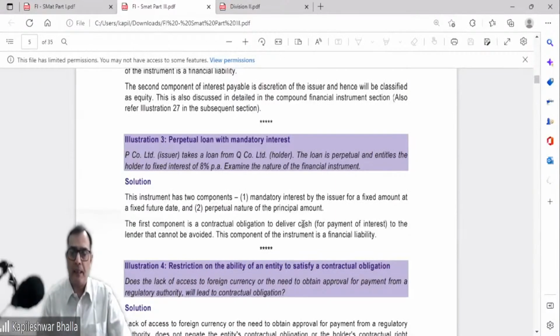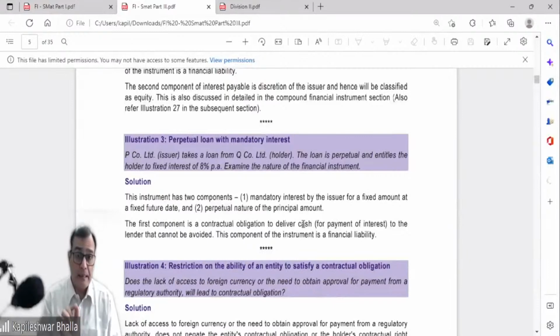If you look at the appendix B of the standard, Ind AS 32, there is a very interesting example. And this example is based on that appendix. So we're going to talk of this a little later, not today. A time will come. So right now we are saying that there is a perpetual loan with a mandatory interest.